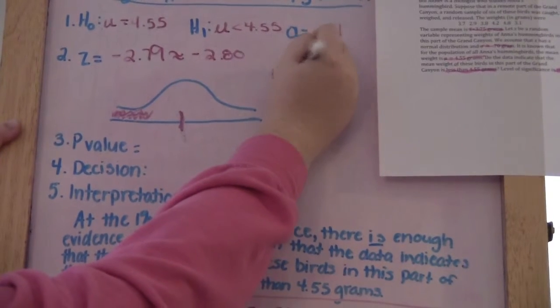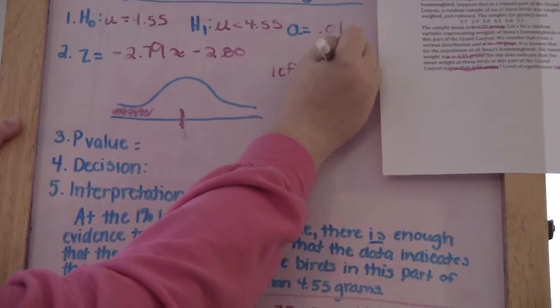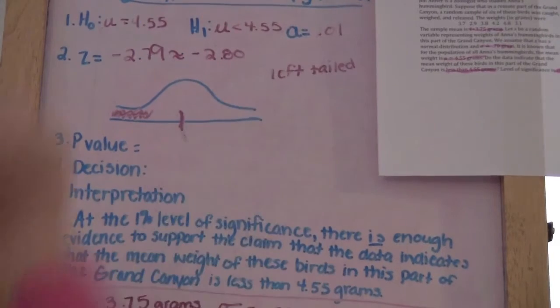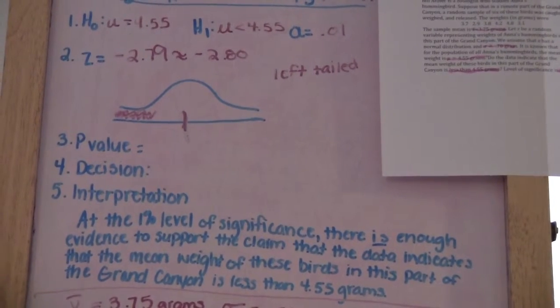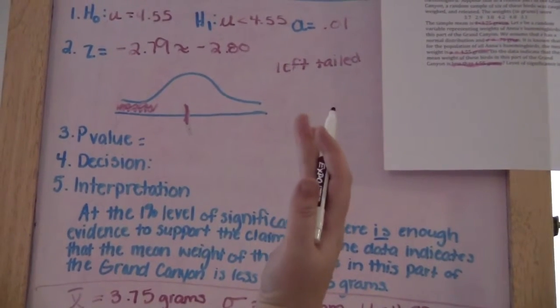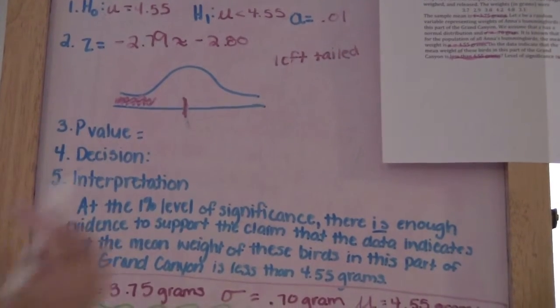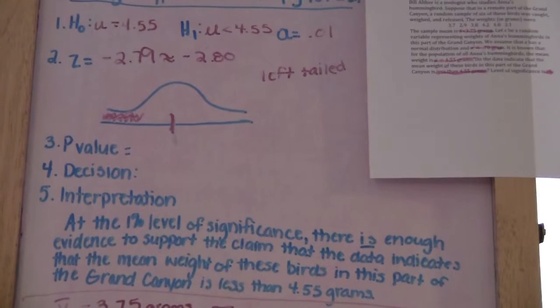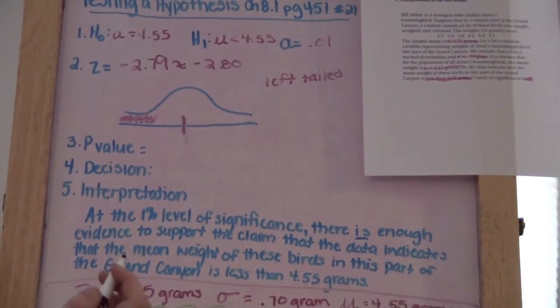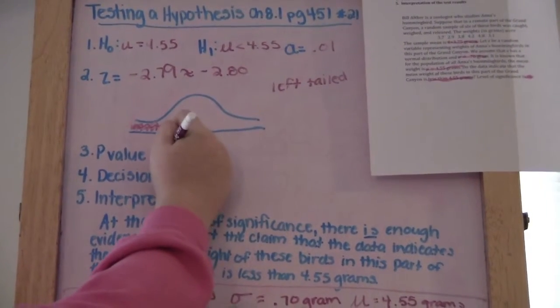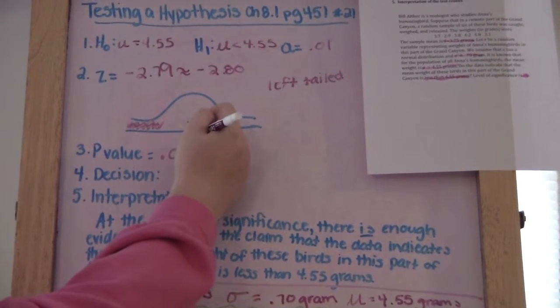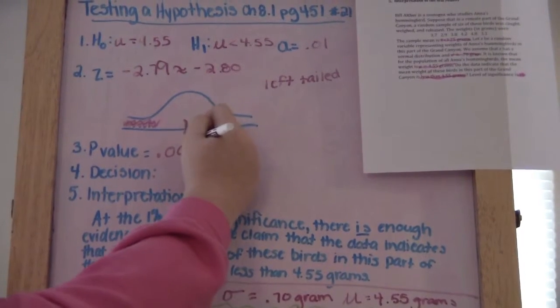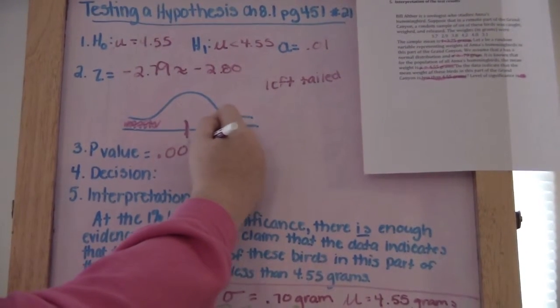They want to know if it's left-tailed or right-tailed. If you have a greater than problem, it's going to be to the right, so it would be right-tailed. If you have not equal to, it's going to be two-tailed. There's going to be something on both sides. It also gives us our p-value, which is 0.0026.